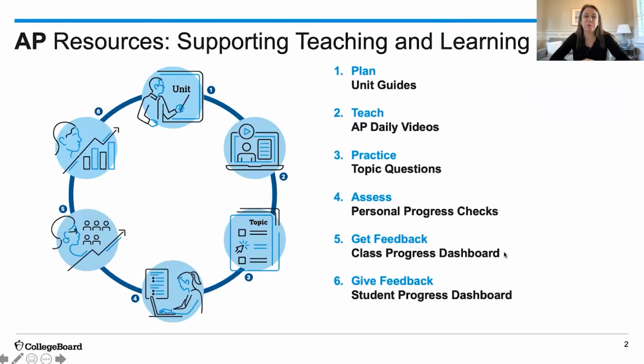Before we get into the personal progress checks, I want to take a moment to orient you to the suite of AP resources that we've created over the past 2 years to support teaching and learning. In May of 2019, we released course and exam description binders, or CEDs, that provided unit guides for a 70-day instructional calendar if you're a semester-based course, or a 140-day instructional calendar if you're a year-long course.